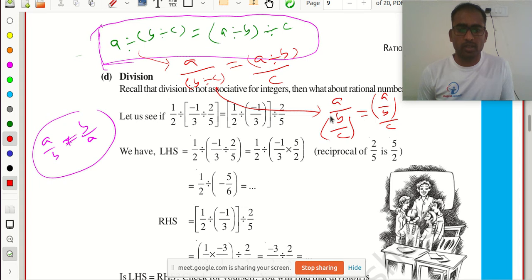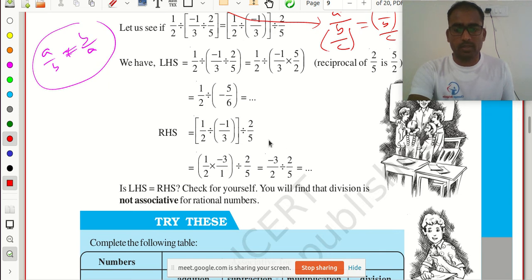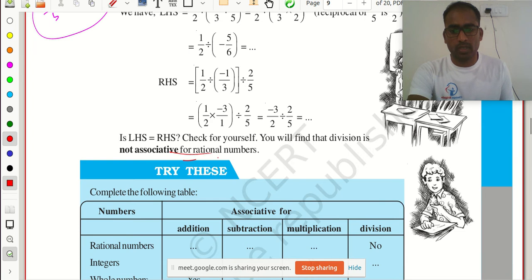With this bracket, everything will change. So this won't be possible, which means rational numbers are not associative for division also.